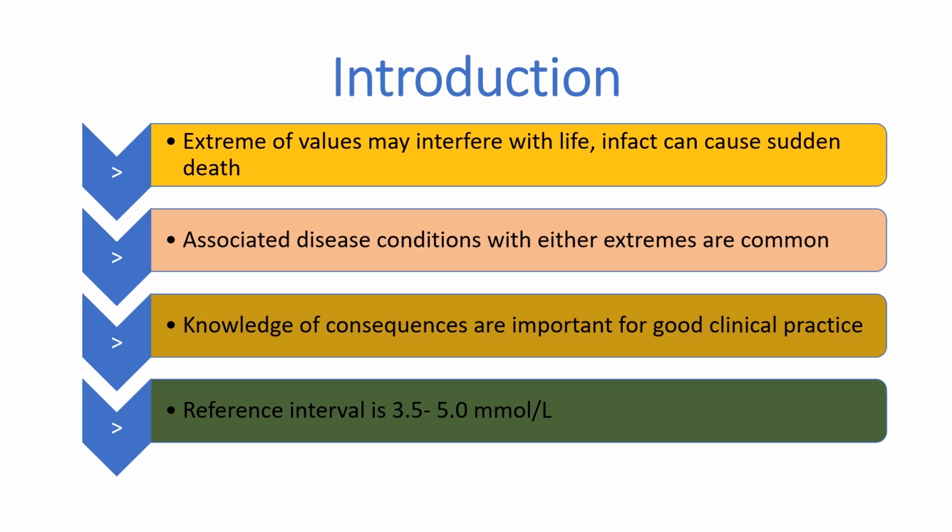In fact, it can lead to sudden death. And there are several known disease conditions that are associated with either hyper or hypokalemia. So it is good clinical practice to be able to identify such symptoms of disorders of potassium when a patient presents in either emergency sections or in regular clinics.